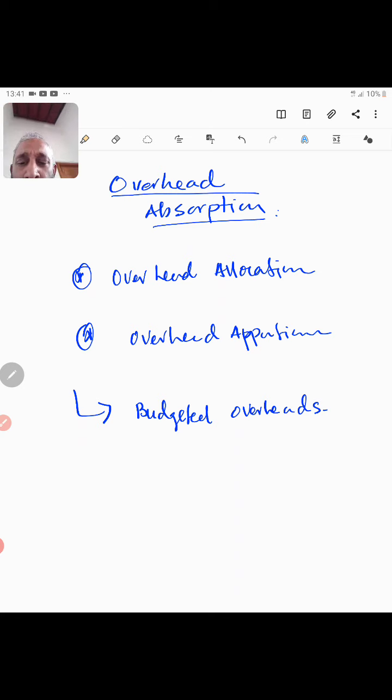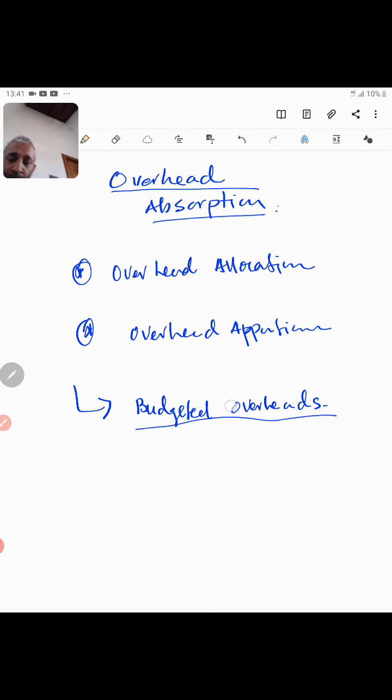And using these budgeted overheads, we have to calculate the overhead absorption rate. So today I'm going to discuss the steps behind calculating the overhead absorption rate.